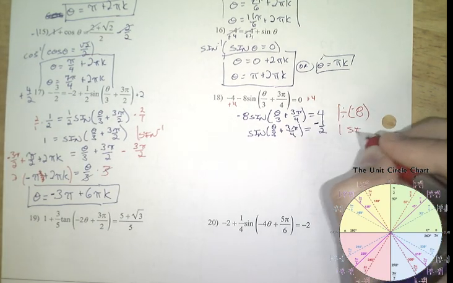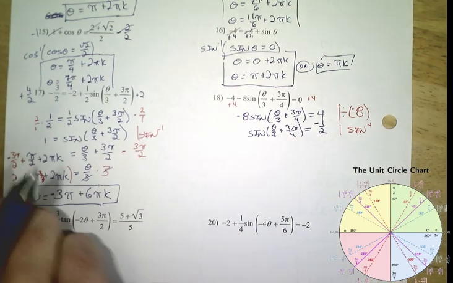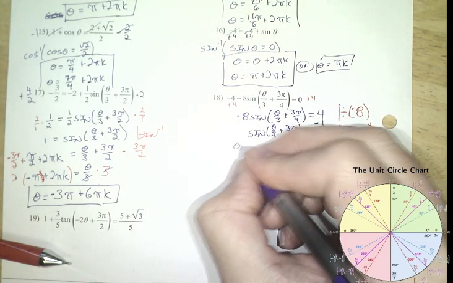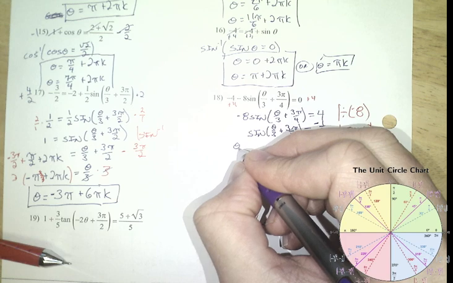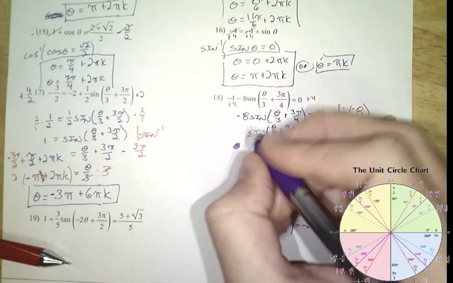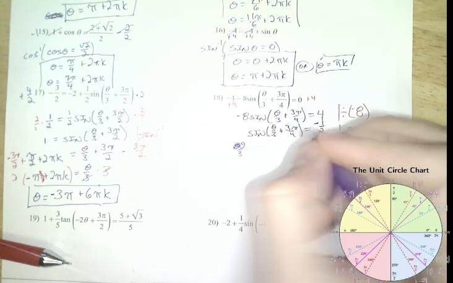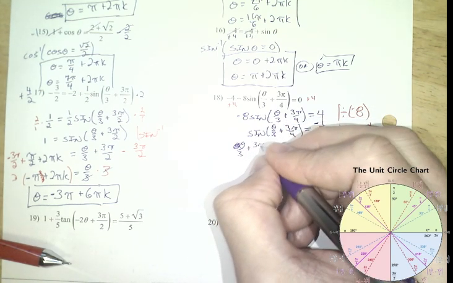Now it's our trig function's turn, so we will take the inverse sine of both sides, which leaves us with theta over 3 plus 3 pi over 4.